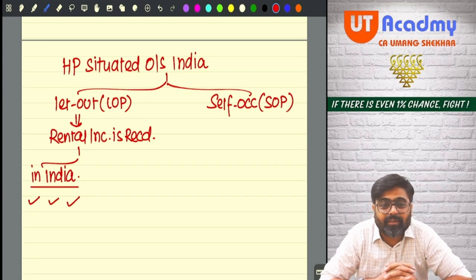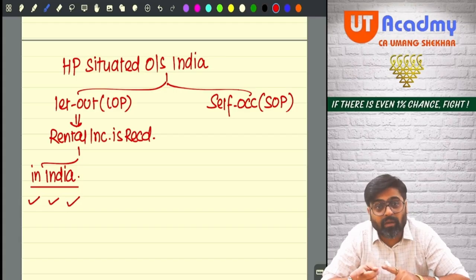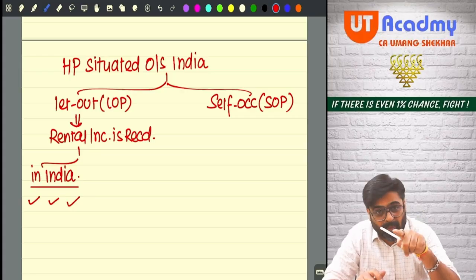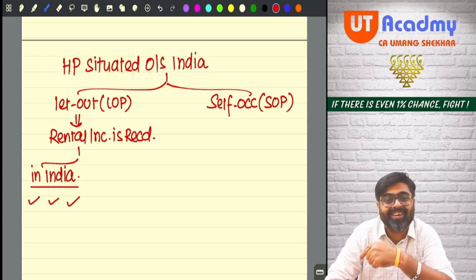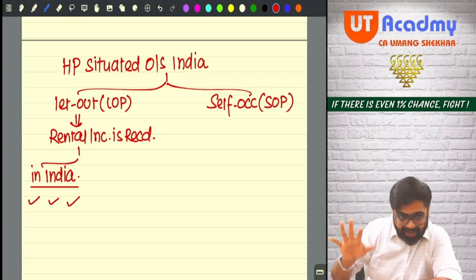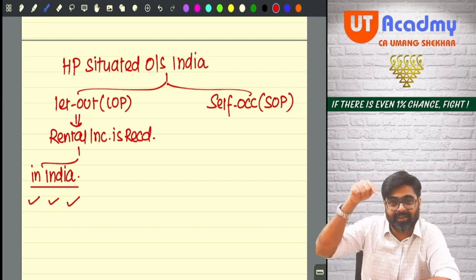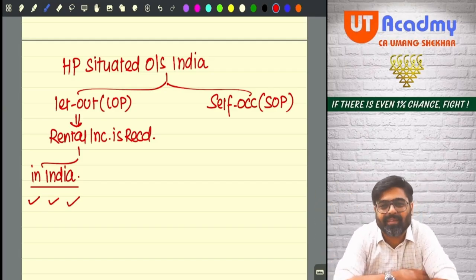If your status is ROR, RNOR or NR, no matter what, this rental income has to be shown taxable here in India. So for that, this property will be brought under the head house property. You will have to calculate the annual value of the property, and in that annual value calculation, you are supposed to show this rent taxable. Understanding?